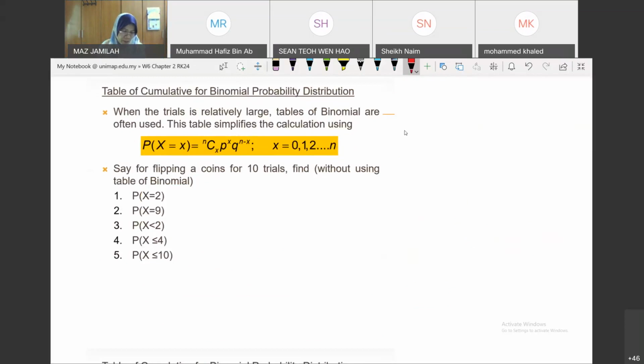And then you have what we call the cumulative Poisson probability distribution. On page 206, you also have the t distribution, standard normal distribution, and whatnot. So we are going to use these in your calculation.